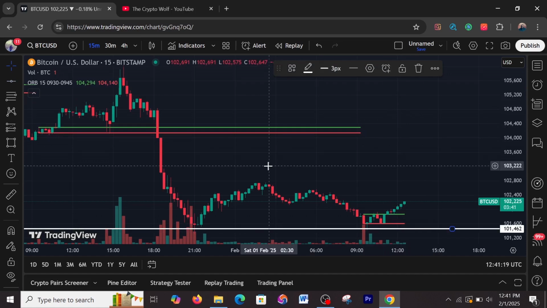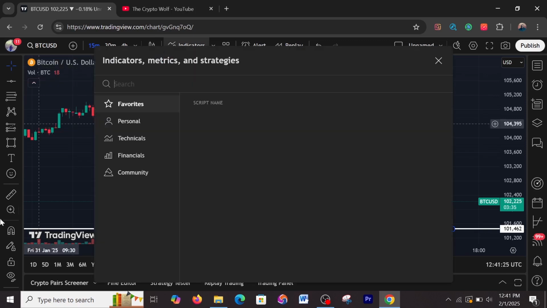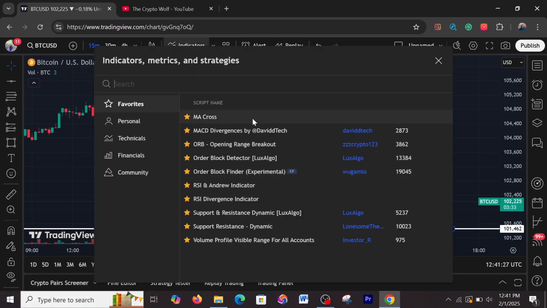These are powerful indicators. So just to make you aware of it, the name of the indicator is ORB Opening Range Breakout by ZZZ crypto 123. This is a powerful indicator for day traders, hands down. This is hands down the best indicator for day traders.